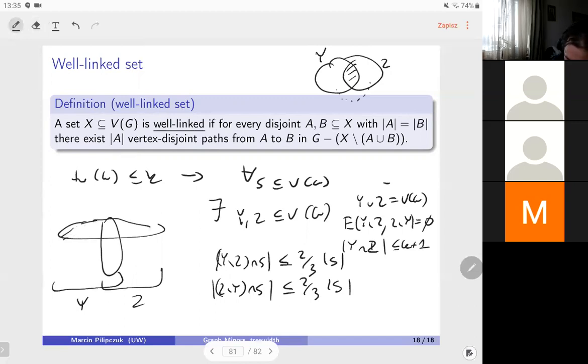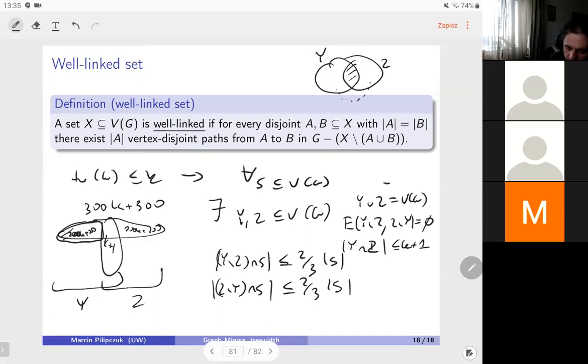If I put the set being at least 300k plus 300, then this part is at most 200k plus 200, which means there's some sort of balanced split, and of course the middle part is at most k plus 1.